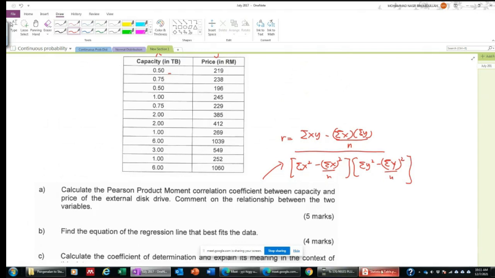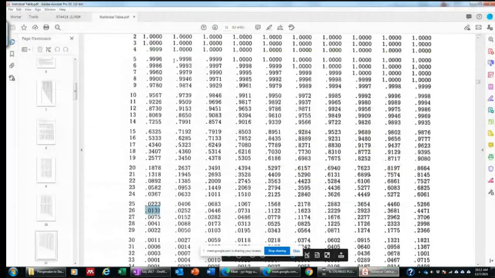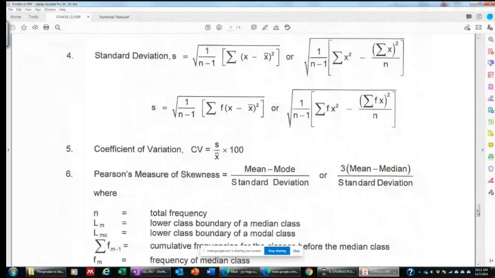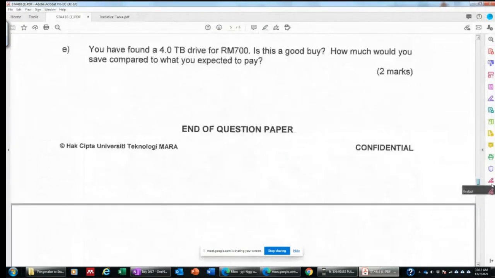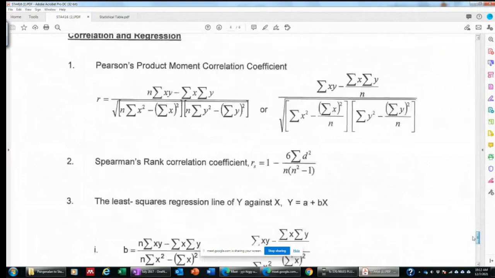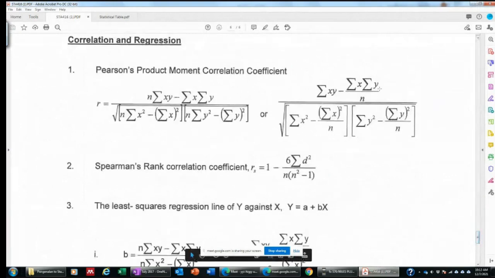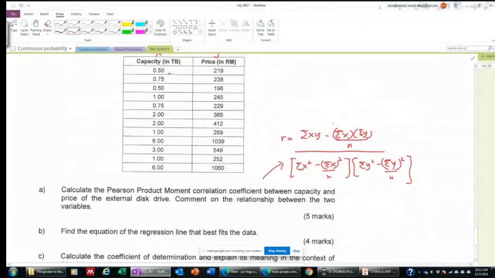If you cannot remember, look at the back of the question paper; we already provide you a formula. You can see here, this is the formula that we use. Number 2, number 1, basically the same formula. We just do some manipulation.